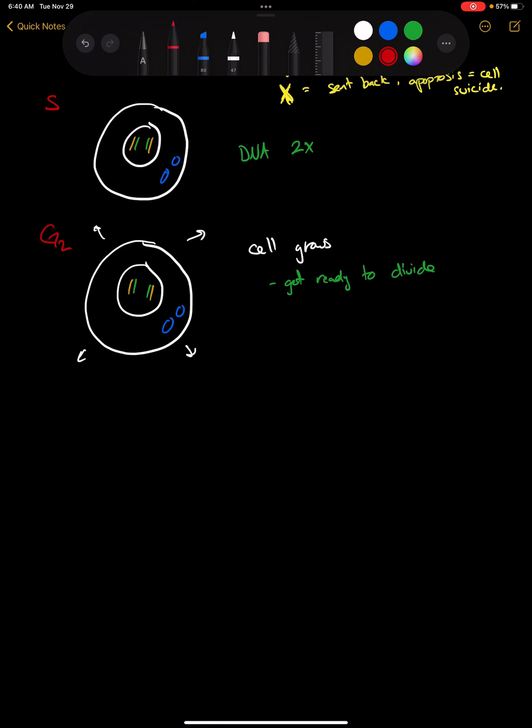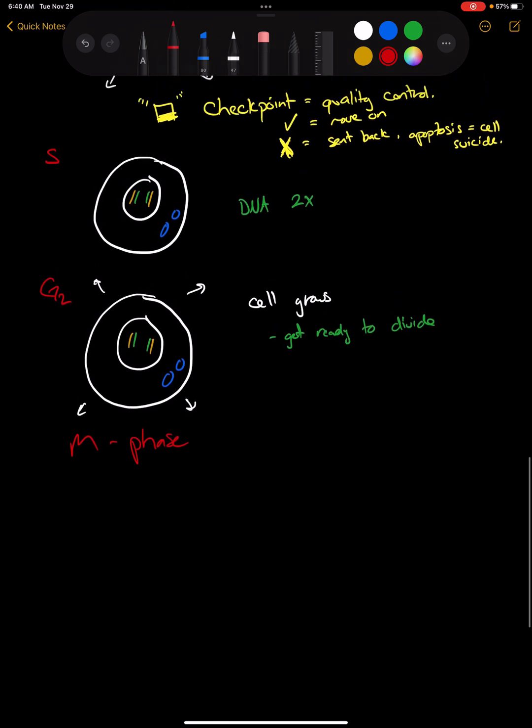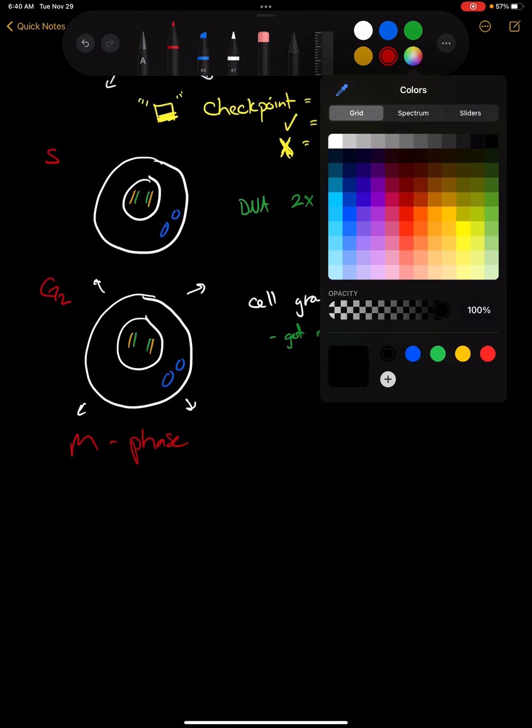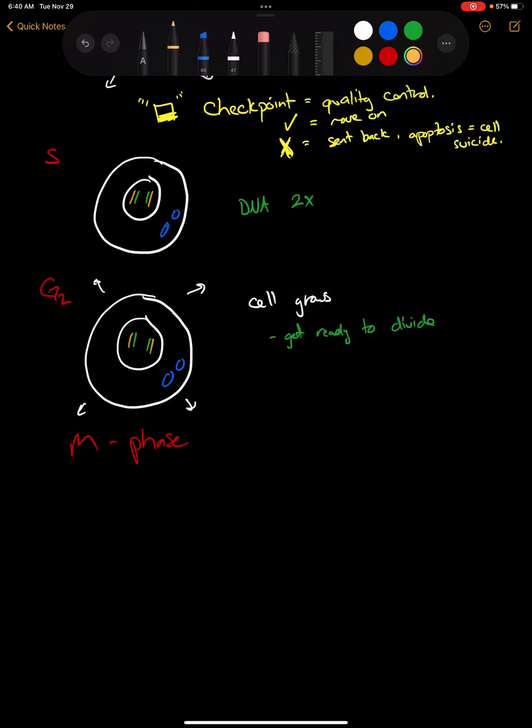Now I'm going to enter M phase. Remember, M was kind of like movement. I'm going to move stuff. But another alarm, super quick. I just got through doubling my DNA. So here's my alarm. Now I have another checkpoint, which is still quality control.